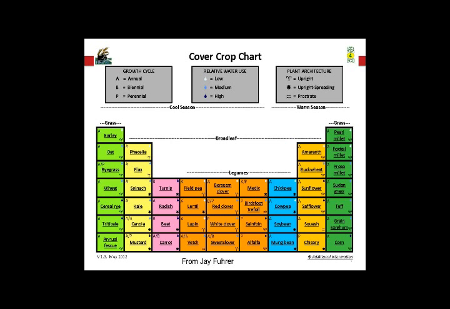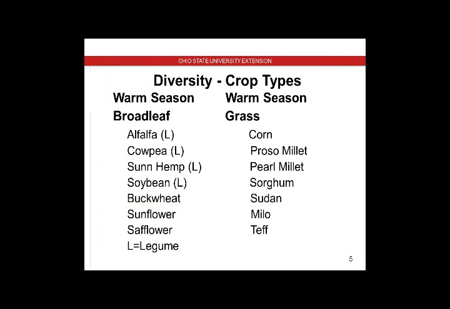So in general, we like to have maybe about 20% that are very much upright, about 30% that will collect that sunlight in that mid-range, and then probably about 50% or more that are going to be low-growing. Kind of think of it like a pyramid. So let's take a look at some of these in a little bit more detail. When we're looking at the warm season, we want both a diversity of broadleafs and grasses.